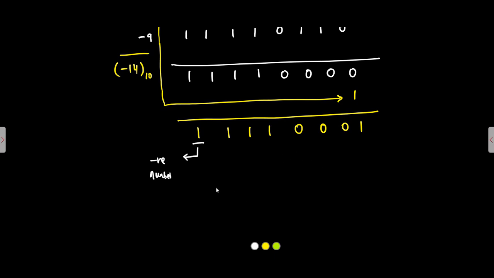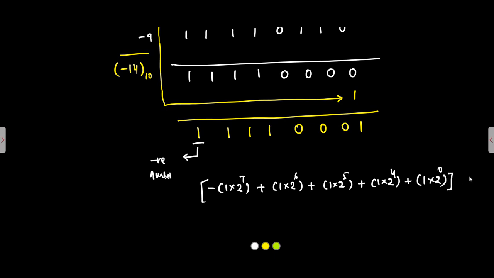So it is minus 1 into 2 to the power 7 plus 1 into 2 to the power 6 plus 1 into 2 to the power 5 plus 1 into 2 to the power 4, remaining 3 zeros, and then the last bit position 1 into 2 to the power 0, and to the final result we'll add a 1.